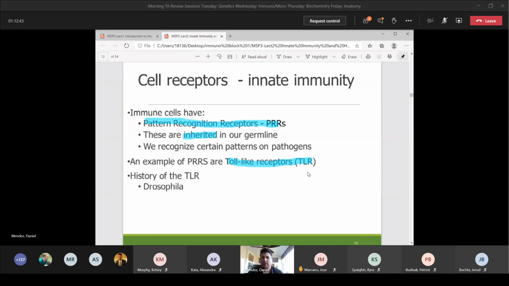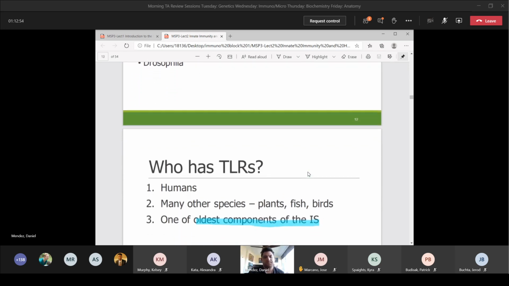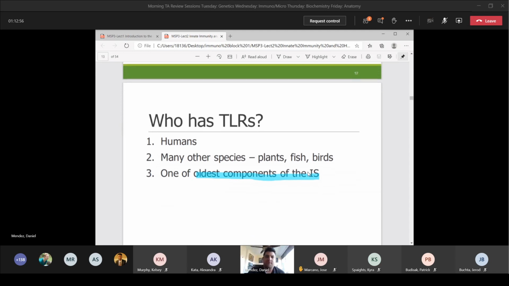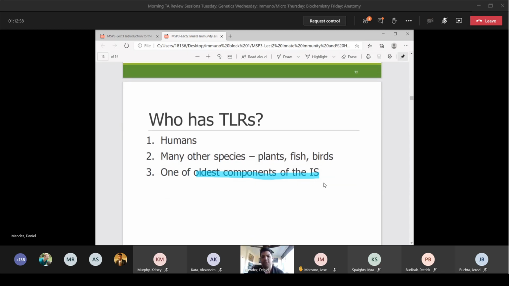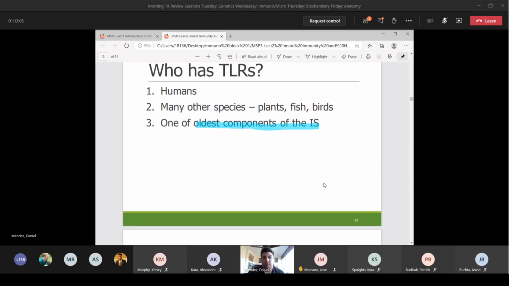Toll-like receptors we'll get into a lot more. They are the number one example of PRRs. We do have other ones, being the mannose receptor, and you'll see those on the diagram that she has later on. These toll-like receptors are the oldest component, so it was one of our first PRRs that we can see genetically. It is something that we see passed down through the germline through most species.